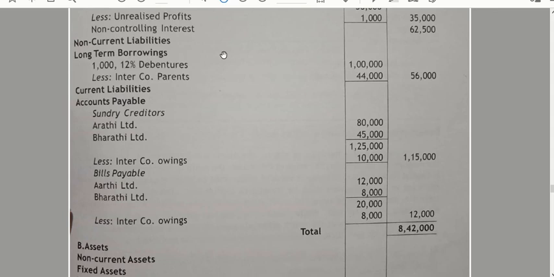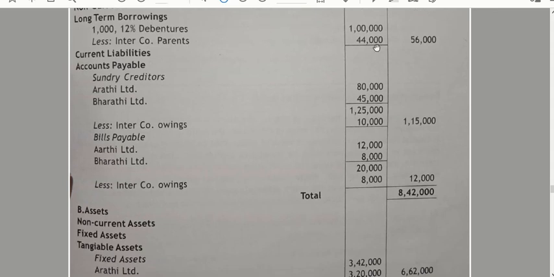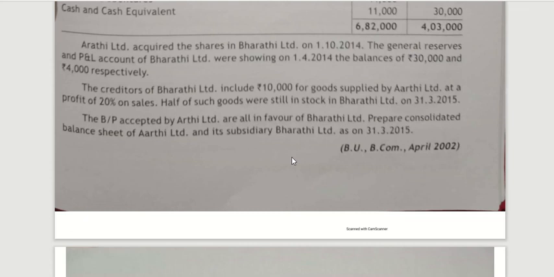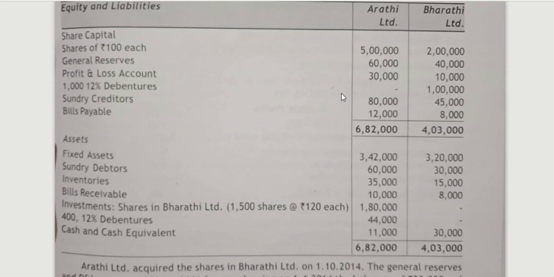Non-current liabilities, under that we have long-term borrowings, which is 12% debentures 1 lakh, less your intercompany owings, which is 44,000, which is 56,000. Which they have given in your asset side, 12% debentures 44,000.